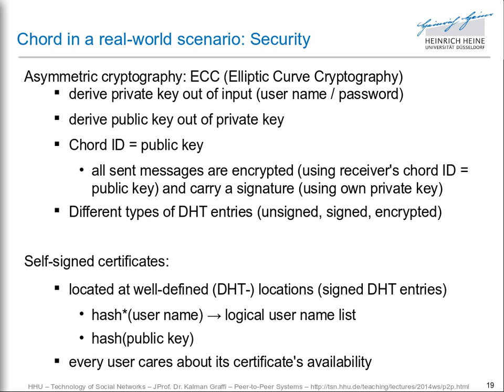This is a logical username list in our DHT, and it is also located on the hash of the public key. So every user has to care about its certificate's availability, and this is important. So peers can be searched by other peers, and they can establish a contact by using the Chord ID.